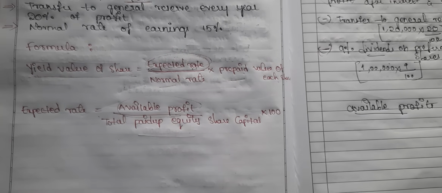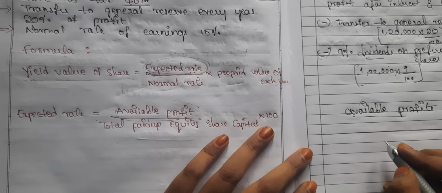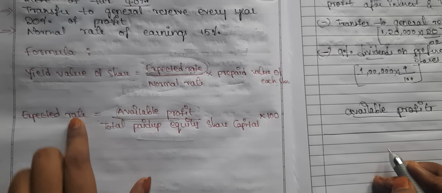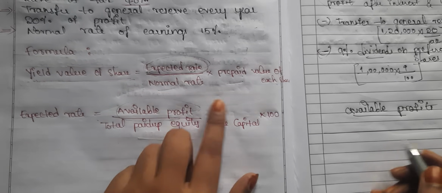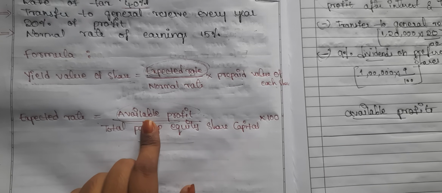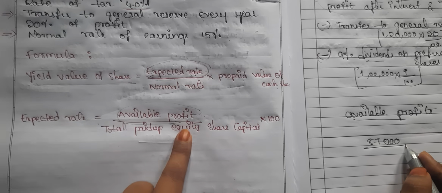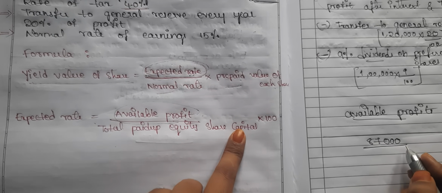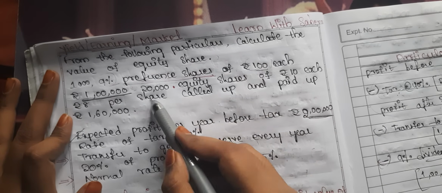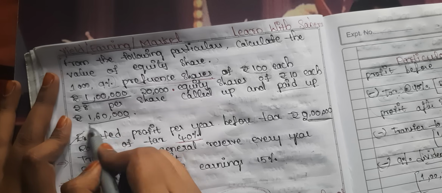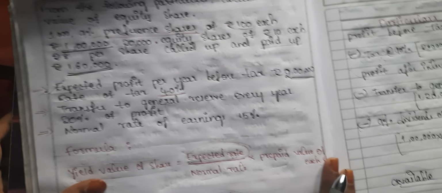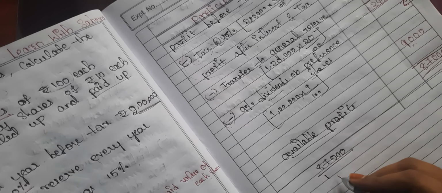Available profit divided by total paid up equity share capital into 100 gives the expected rate. First we need the expected rate, then only can we find the yield value of the share. Available profit is 87,000 divided by total paid up share capital, which is 1,60,000, multiplied by 100. What amount are we getting? Let us see.